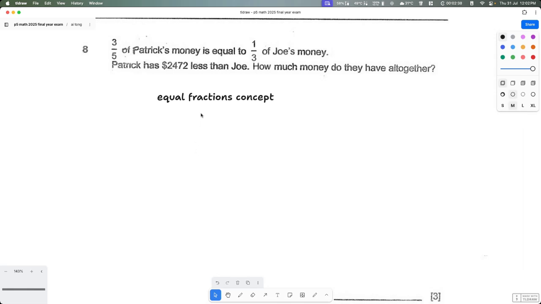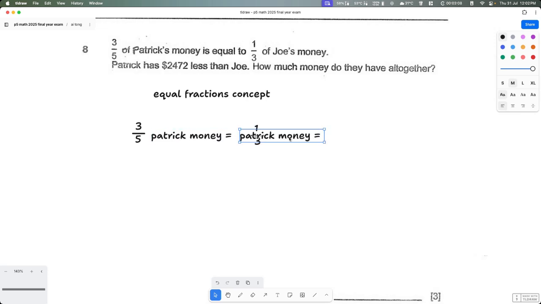So what this means is that we have 3/5 of Patrick's money is equal to 1/3 of Joe's money.